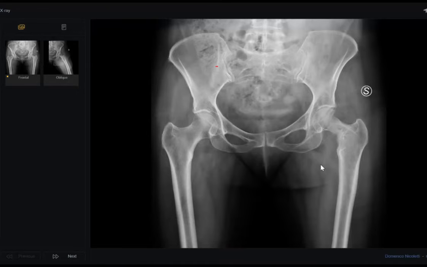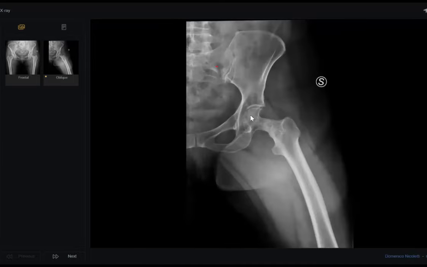Can I see the orthogonal view? On the orthogonal view, there is again significant sclerosis of the femoral neck, and I can see some subtle radiolucent line also noted at the neck region. I would further advise an MRI of the patient.